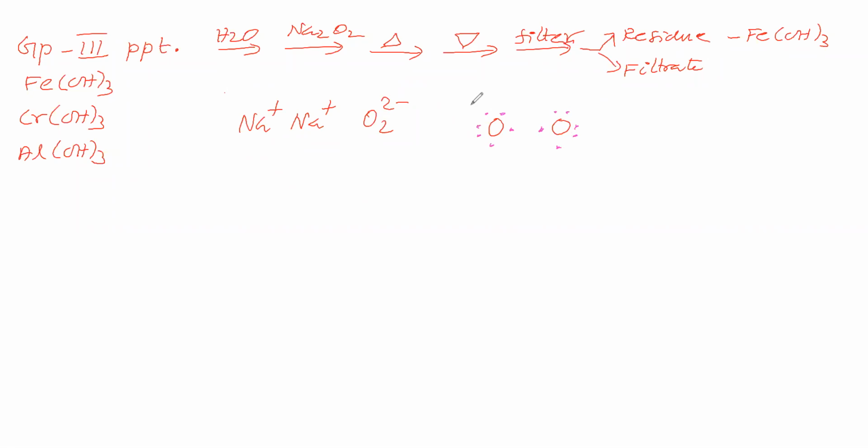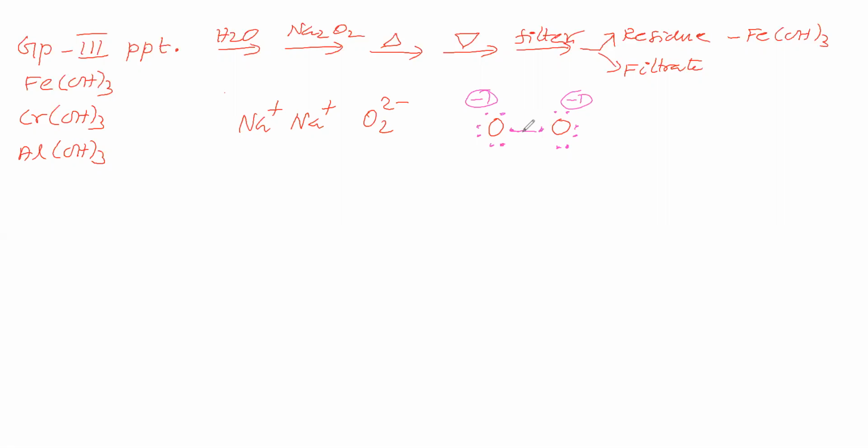For the 2- charge, we give one extra electron to each oxygen, minus 1 here and minus 1 here. Between these two oxygens we give a bond. It is called the peroxide ion, and this linkage is called the peroxy linkage.